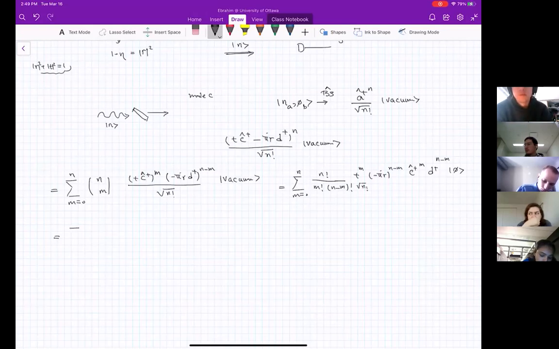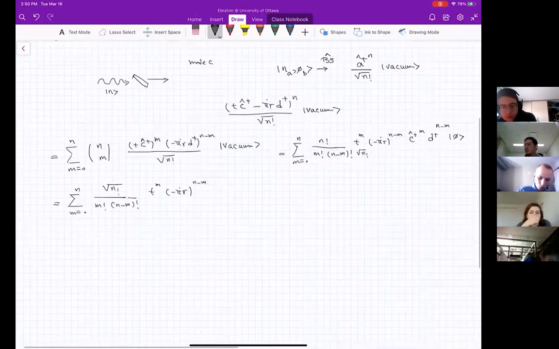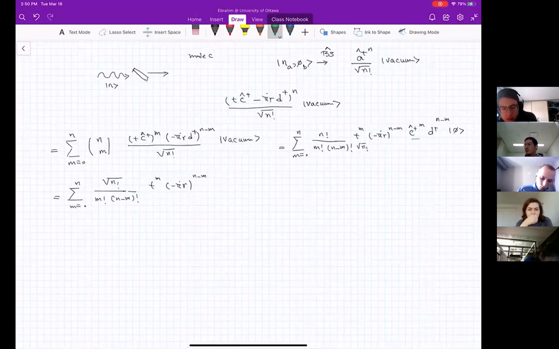Then the result will be the summation of m from 0 to n, square root of n factorial divided by m factorial, n minus m factorial, then T to the power of m, minus IR to the power of n minus m. The action of C dagger to the power of m on vacuum will create m number of photons, and the coefficient will be square root of m factorial.